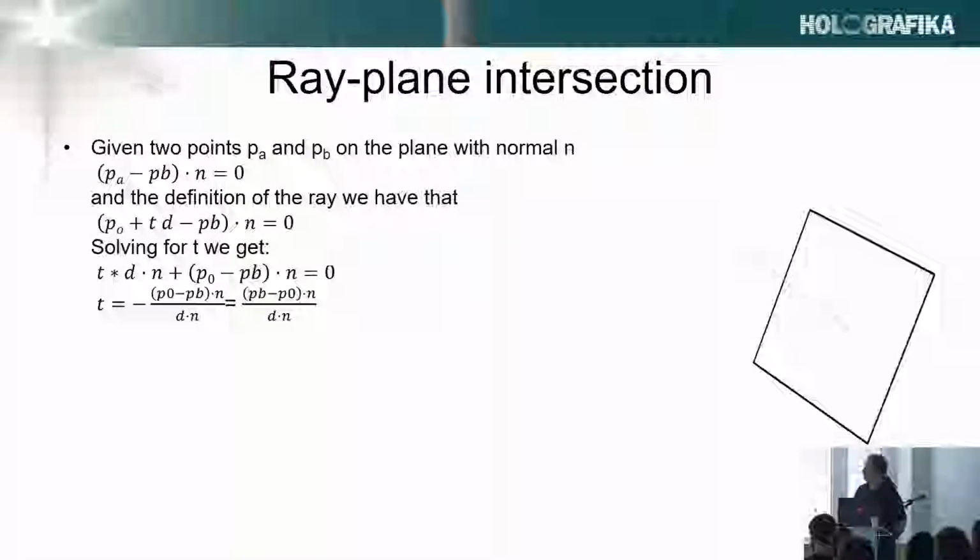Okay, just some basic geometry. If we want to have a camera, then we can emulate the near clip plane with a plane, so we need some kind of ray-plane intersection code. If we have a point, so like if we have 2 points on a plane and a normal n, then we can have the definition of the ray, and then we can solve for t to get the intersection point.